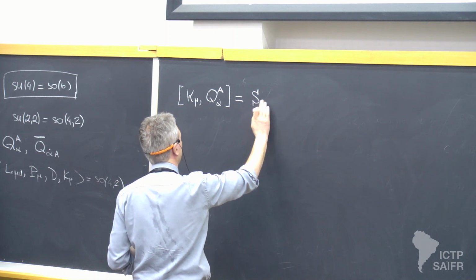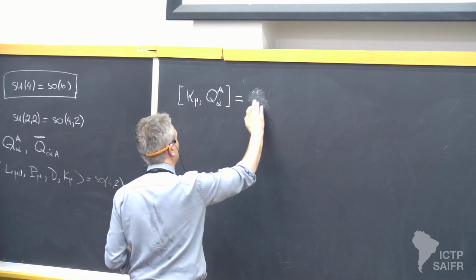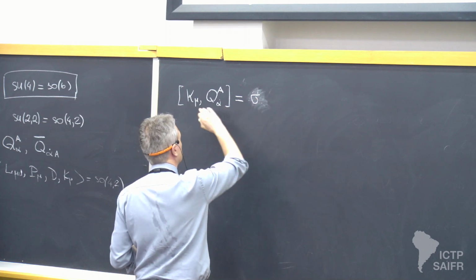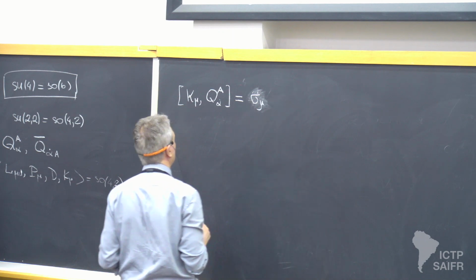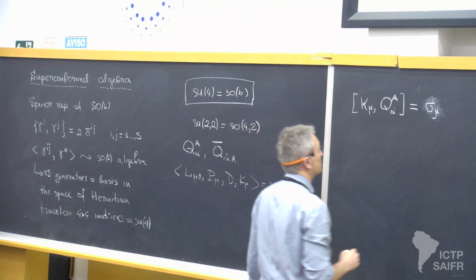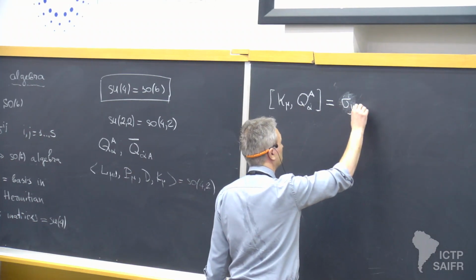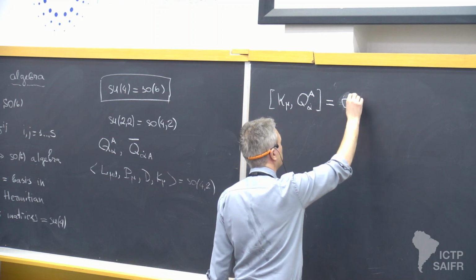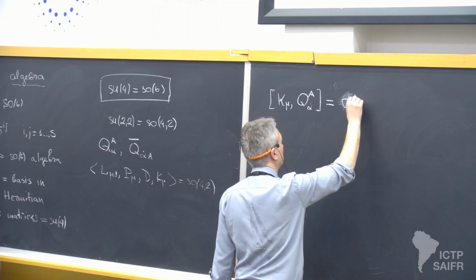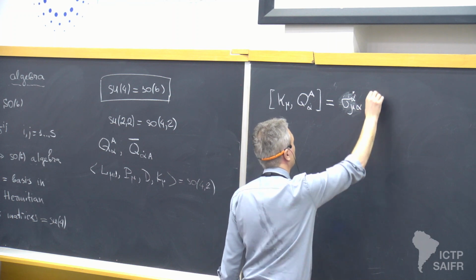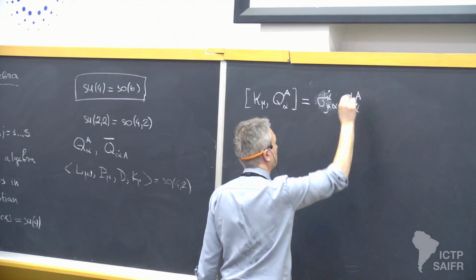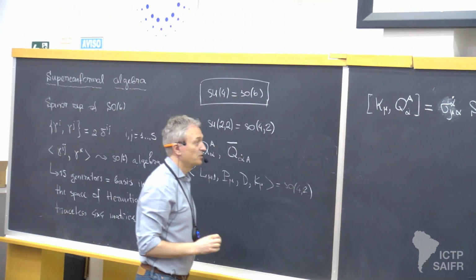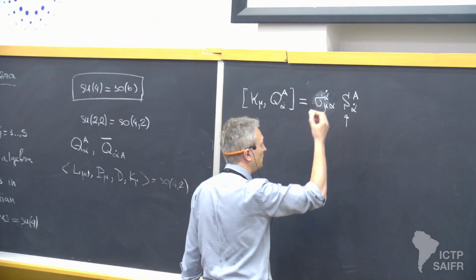Okay, so since there is a vector index, we can write it this way: S alpha dot A. So these are new generators that we need to add to the algebra.